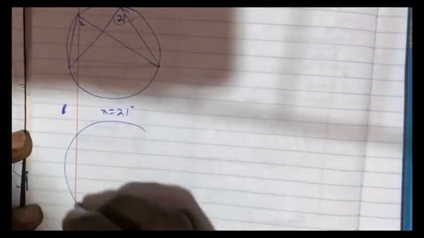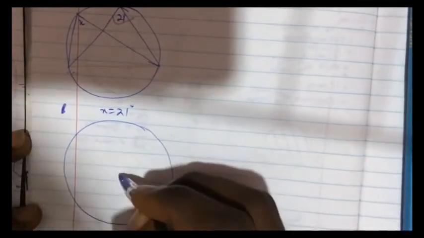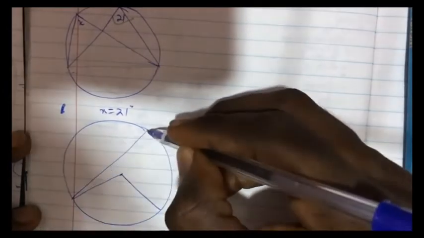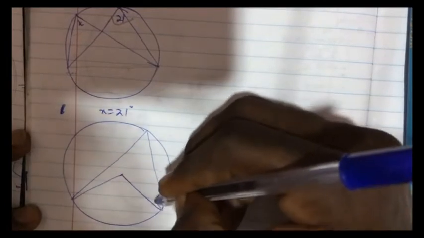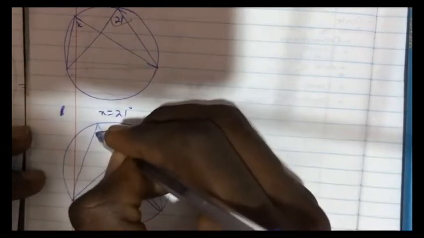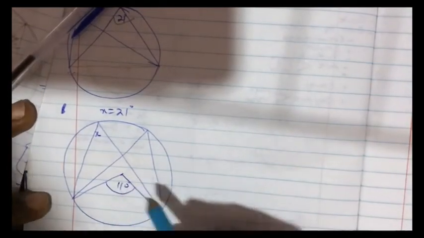We have a circle and center O. We have that, and then we have that, and we also have that. You are supposed to find x, and this is 110 degrees. So how do you find x? From theorem 1. Kindly pause the video and try to solve it on your own. Now I can continue so that you see the answer, but pause and solve it on your own.